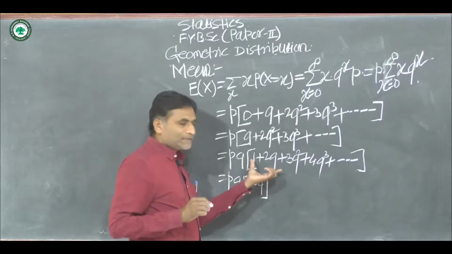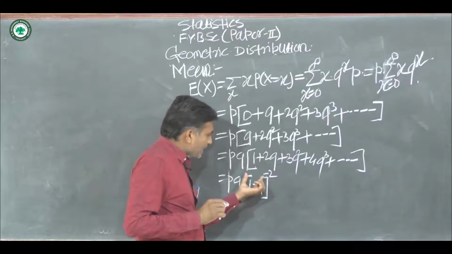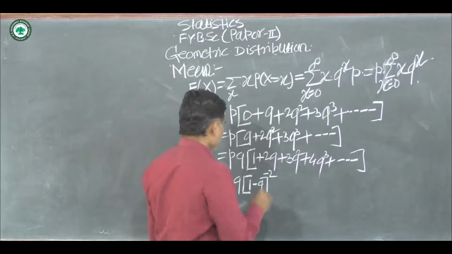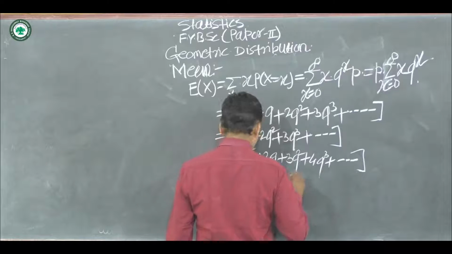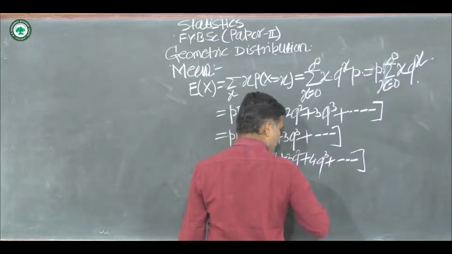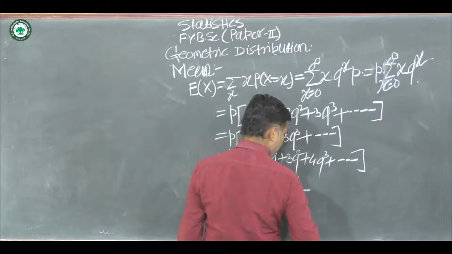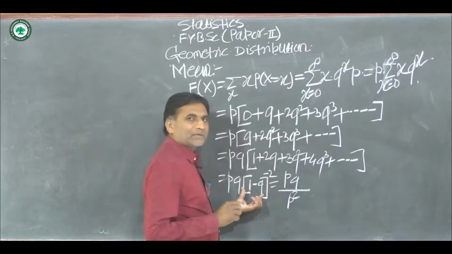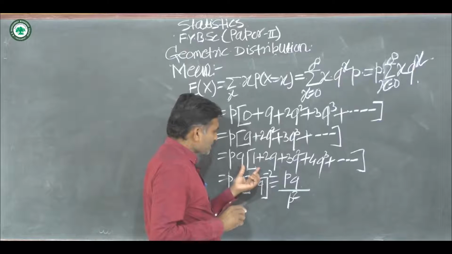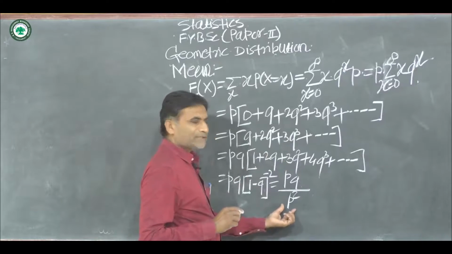Since 1 minus q is equal to p, p raised to minus 2 can be written as 1 upon p square.